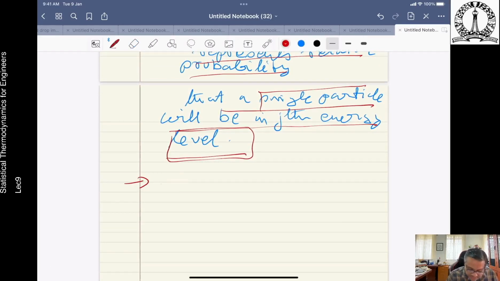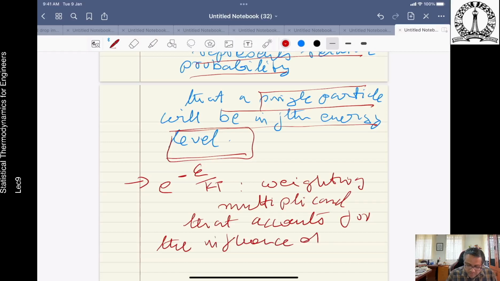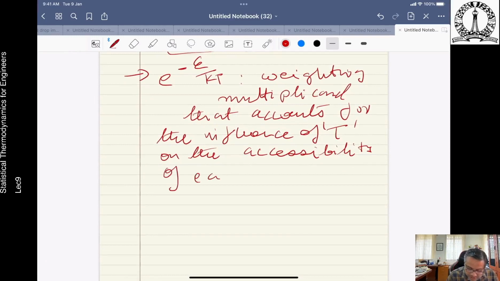This e to the minus E by Kt, the term that is there in the exponent, is basically a weighting multiplicand that accounts for the influence of temperature on the accessibility of each energy level.